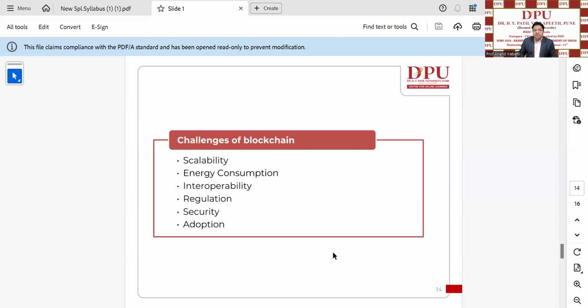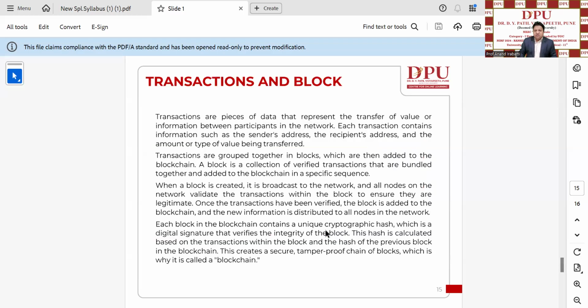So this is about the challenges of blockchain, that is scalability, energy consumption, interoperability, regulation, security, and adoption. Now let's understand what we mean by transactions and what we mean by blocks. Basically, a transaction is nothing but a digital operation which is recorded on the block.